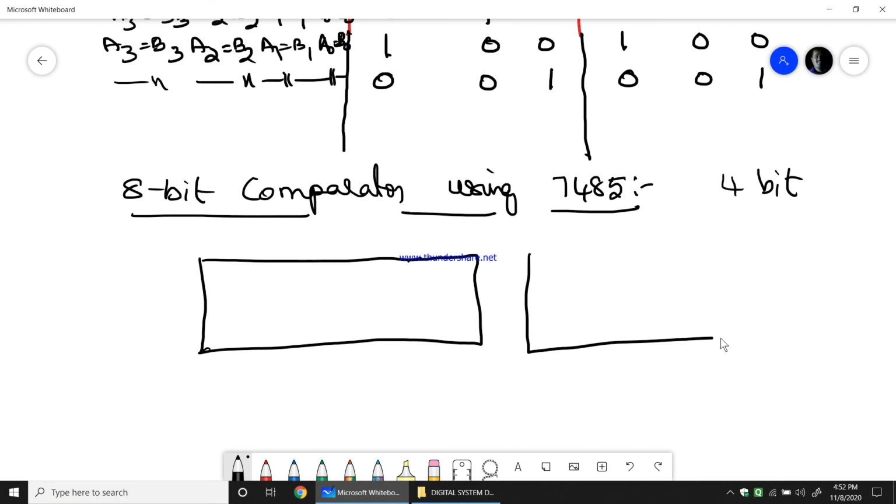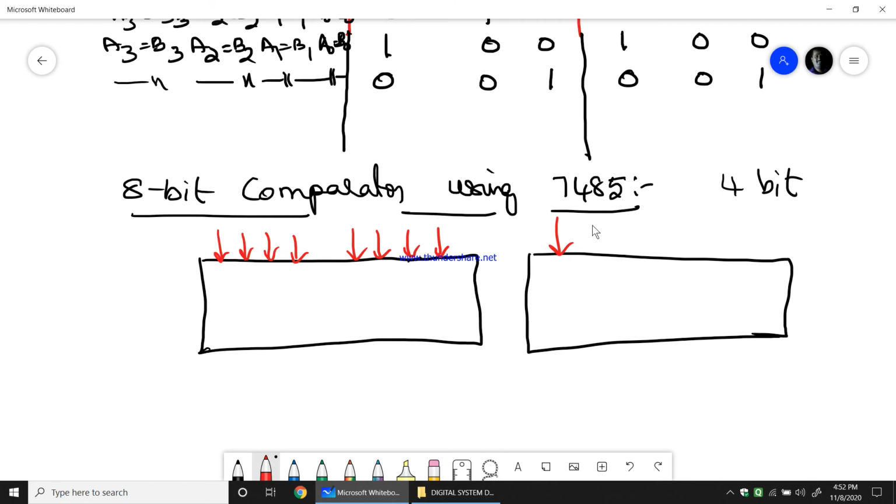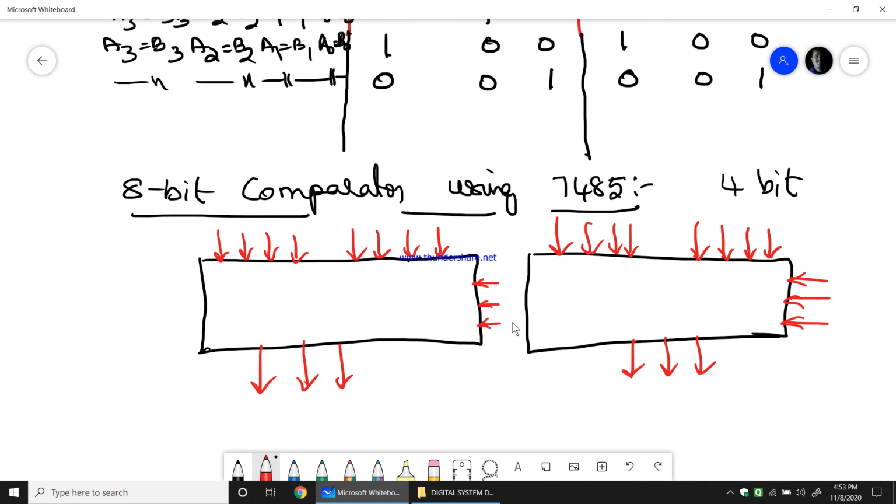The two 7485 ICs to be cascaded, where each will have 4 bits and each will have 3 outputs. And this will have cascaded inputs, and this will also have cascaded inputs.